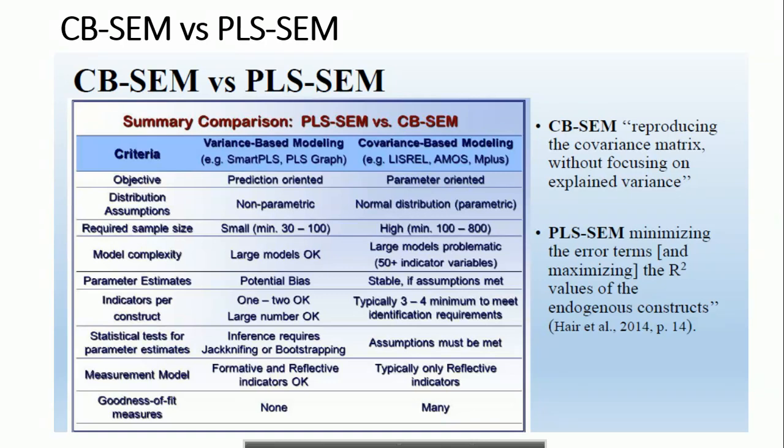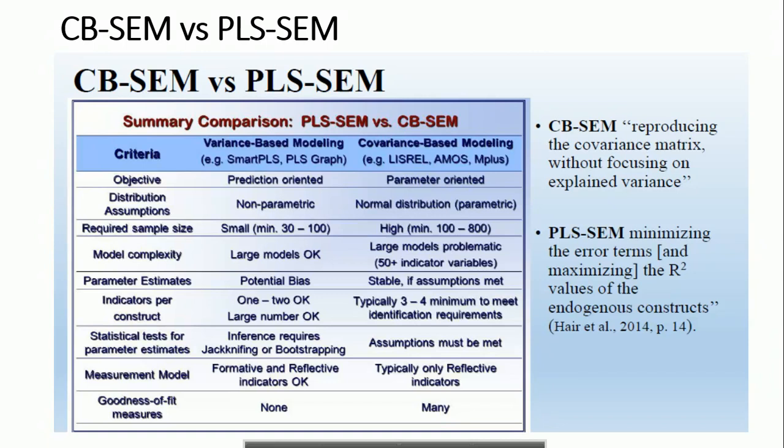I use SmartPLS for PLS-SEM, and I use AMOS for CB-SEM. For SmartPLS, the distribution assumption is non-parametric, but for AMOS it is normal distribution, or parametric. SmartPLS is also good when we have a very small sample size, between 30 and 100, and it can be done.